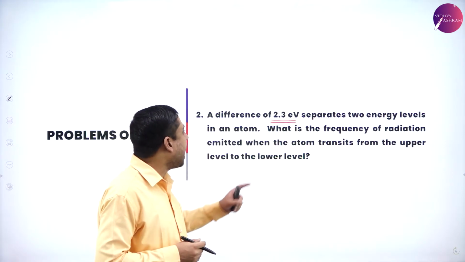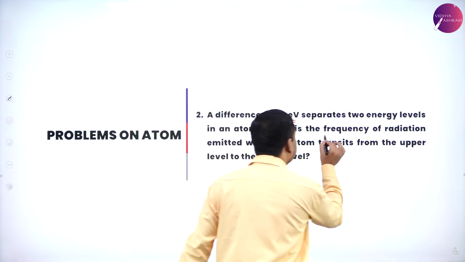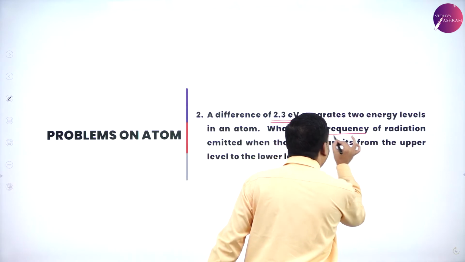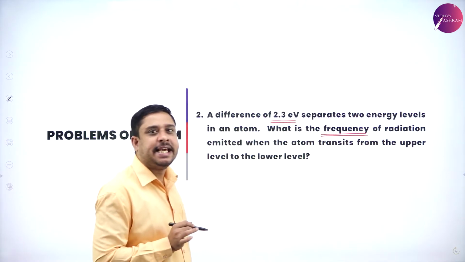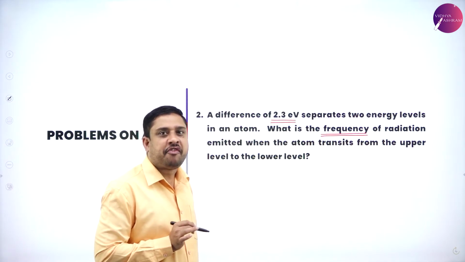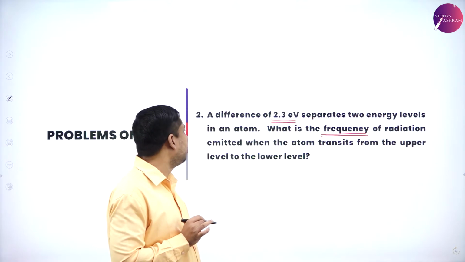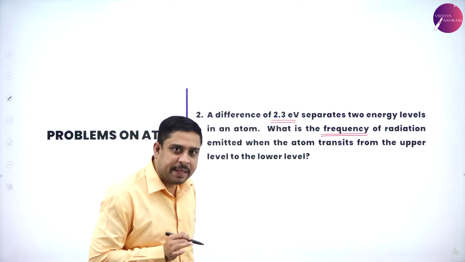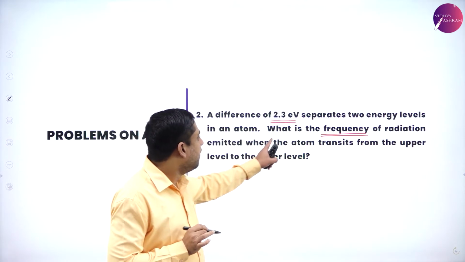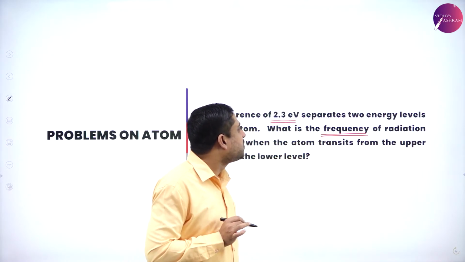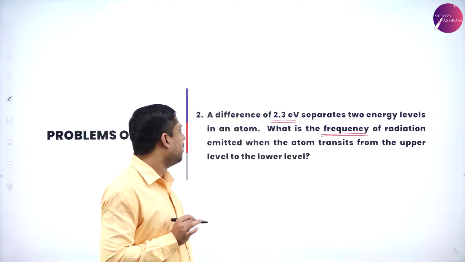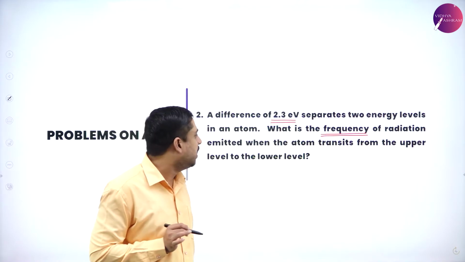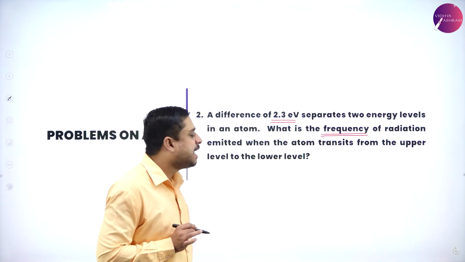I have to calculate the frequency of the radiation emitted when the atom transits from the upper level to the lower level.